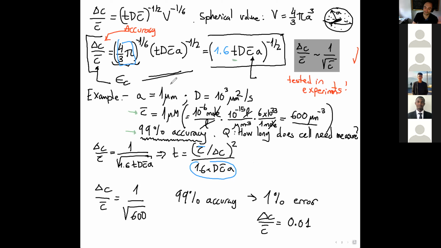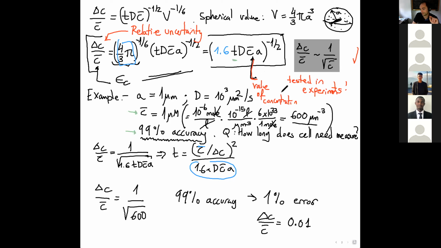In reality, accuracy would be the opposite, C bar over delta C. It is the uncertainty in the measurement, the relative uncertainty. And the C that appears here is the value of the concentration you want to measure.